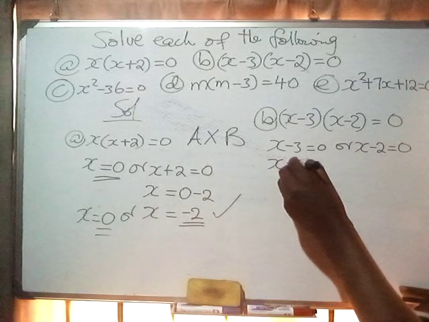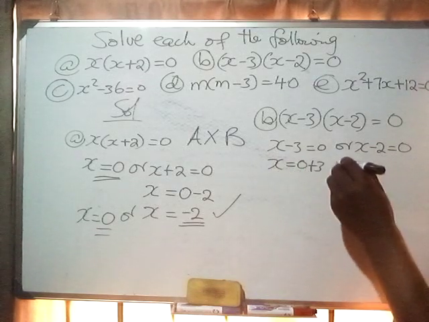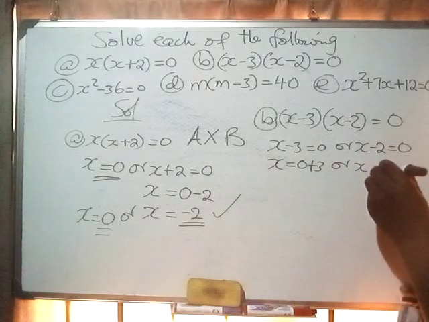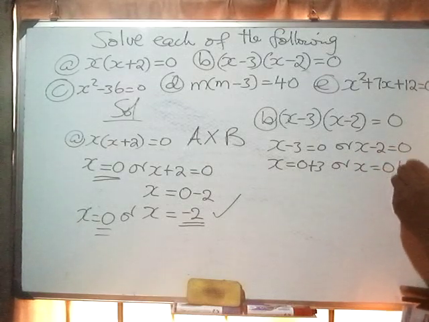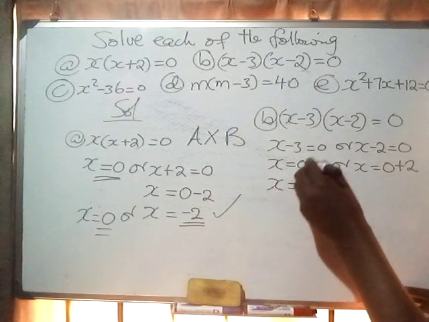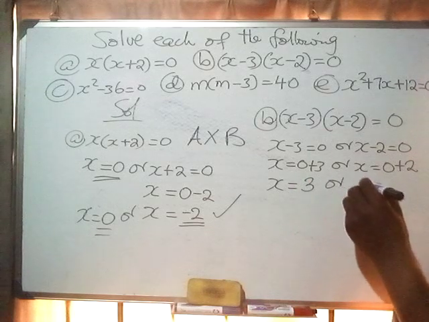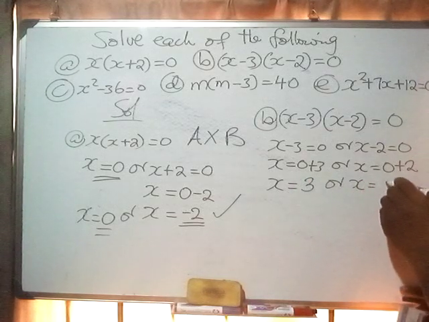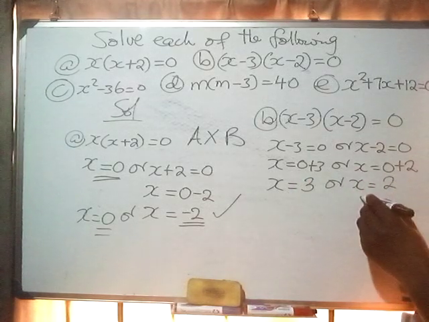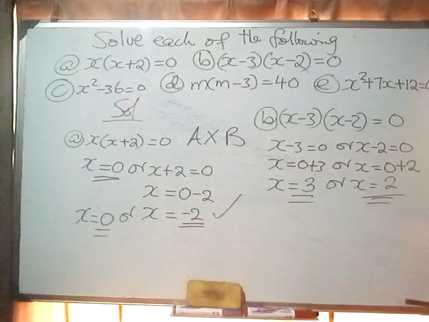So x = 0 + 3, or x = 0 + 2. So x = 3, or x = 2. These are the two values of x.